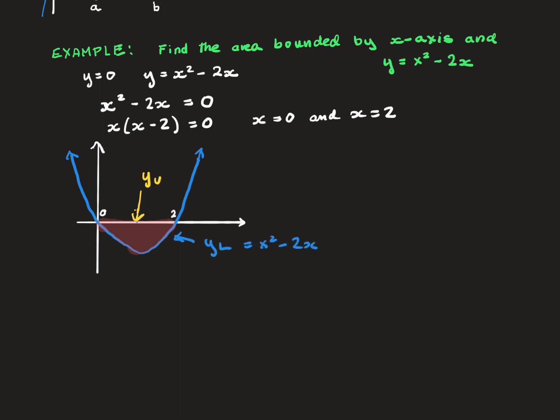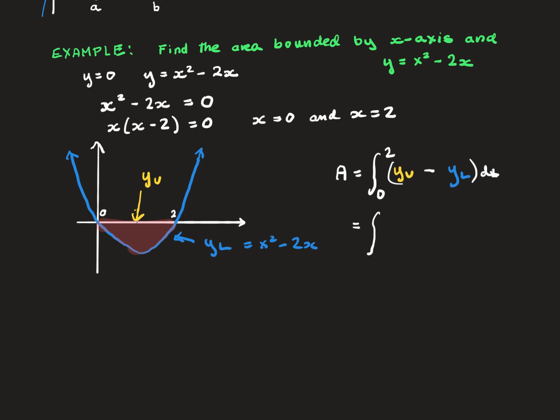So calculating the area now is simply writing the area, and we're calculating this area between 0 and 2, and we want to be doing the upper function first. So we do upper function, take away the lower function, dx. And what do we know about the upper function?